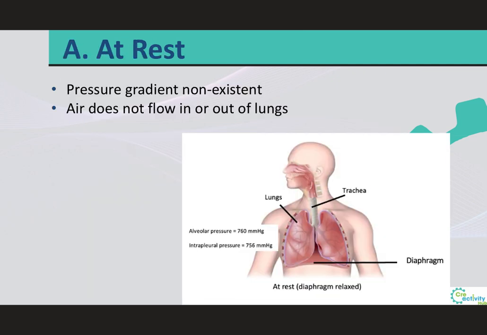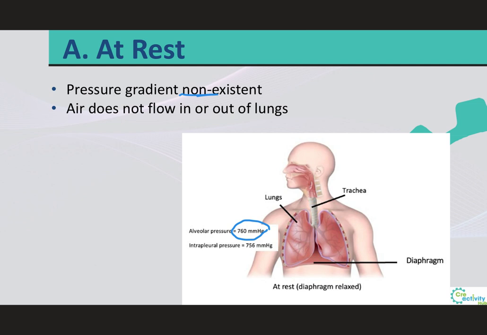So just to recap, here we have breathing at rest, which, like I said, is a very brief phase. And notice how the alveolar pressure is 760 millimeters of mercury, which is the same as the atmospheric pressure. So there's no pressure gradient, and therefore the air will not move.